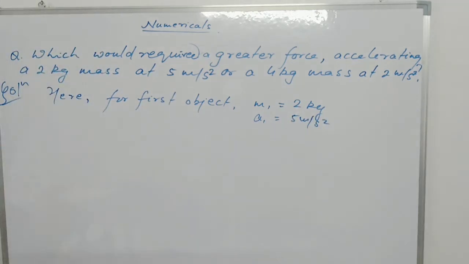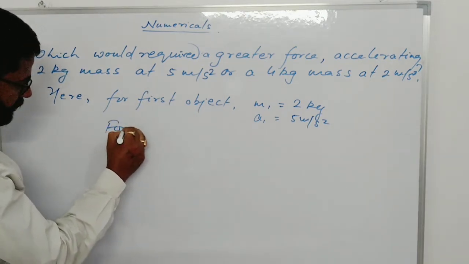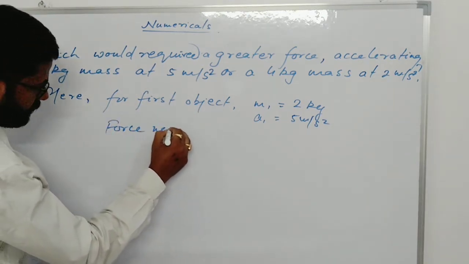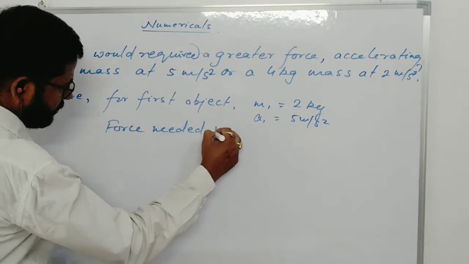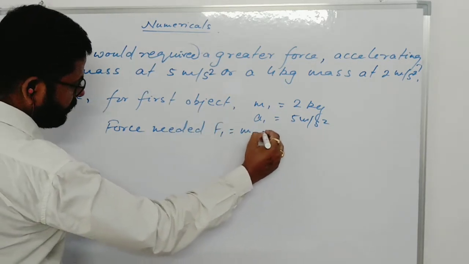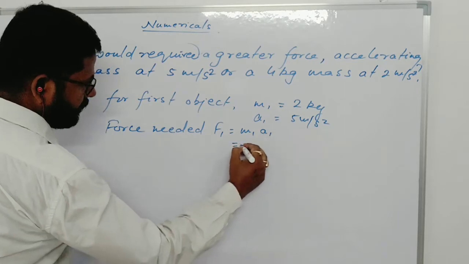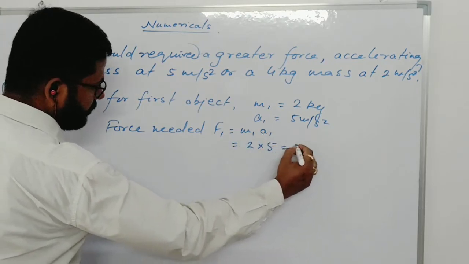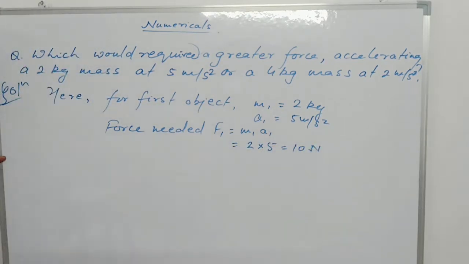So the force needed for the first object, suppose f1, is equal to m1 into a1, which is 2 into 5, equal to 10 newton. So f1 is equal to 10 newton.